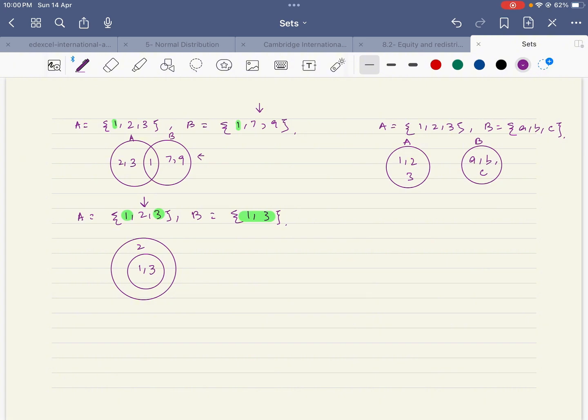This is how you draw a subset. Now, smaller set B is a subset of A and bigger set A is a superset of B. Bigger set is superset, smaller set is subset.